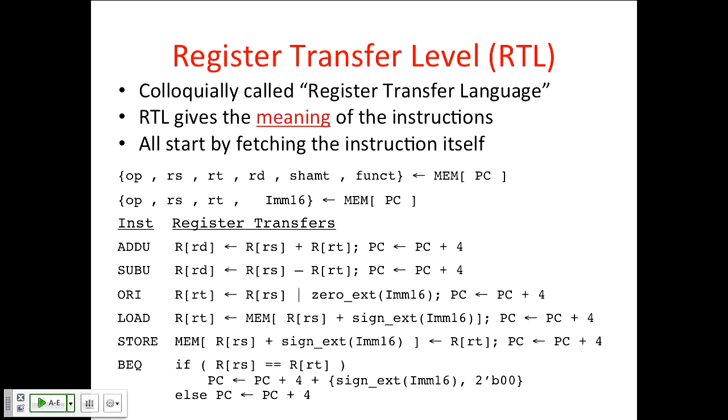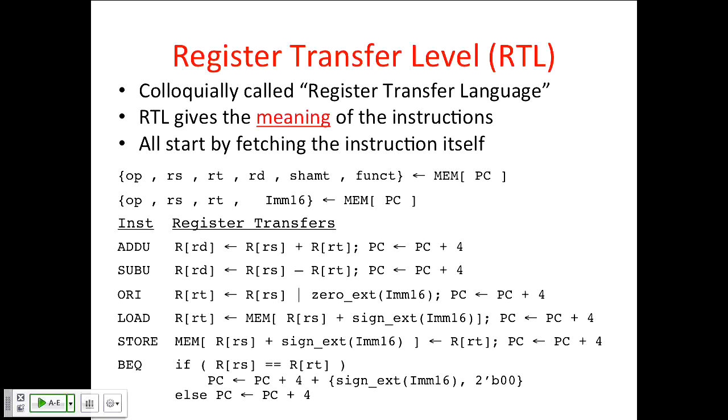So OR immediate zero-extends the immediate. We also increment the PC by 4. A load returns the value at a memory location whose address is given by the value in the register indexed by the RS field, added to the 16-bit immediate, now sign-extended out to 32 bits. And then we also increment the PC by 4.